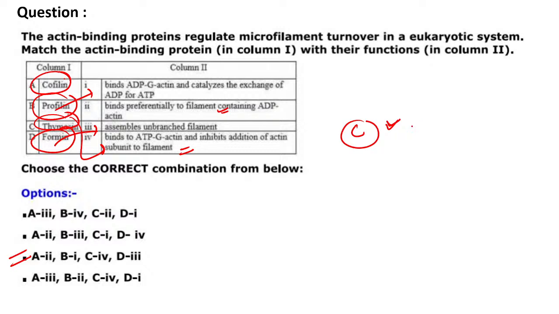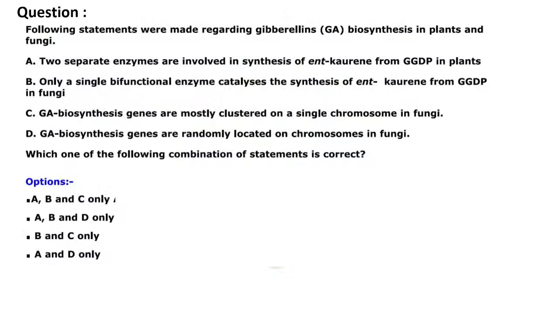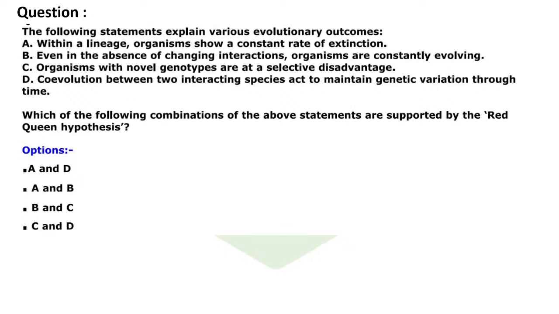I hope the question is clear to all. It's a scoring question and you can easily get this question repeated in the examination, right? Let's do one more. Now this one is from evolution. The question is, the following statements are given related to various evolutionary outcomes. You need to find out which statements are correct in relation to the Red Queen hypothesis, the one which is correlated to co-evolution.